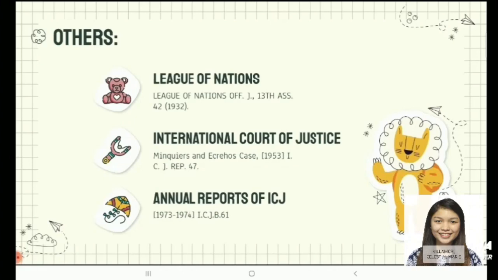We also have annual reports of the International Court of Justice, which are published in the yearbooks and are cited with the year enclosed in brackets before the publication and its page number.